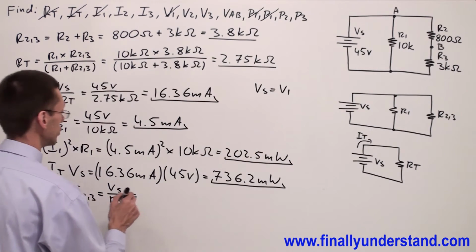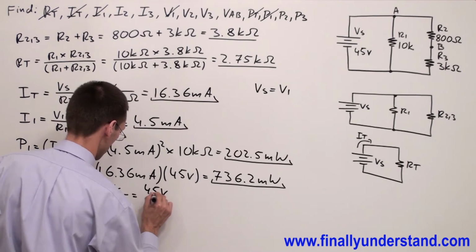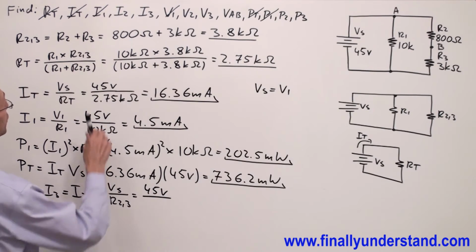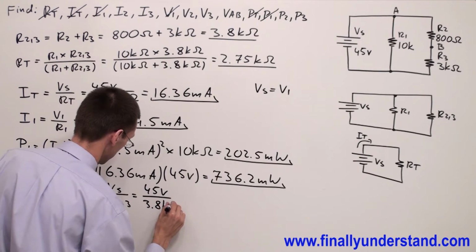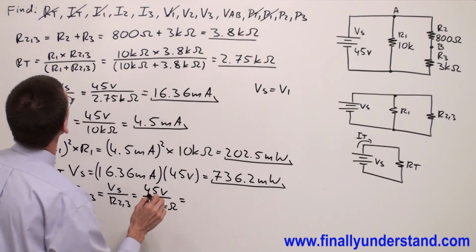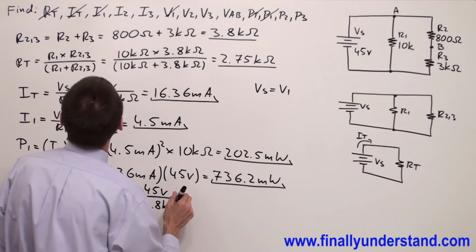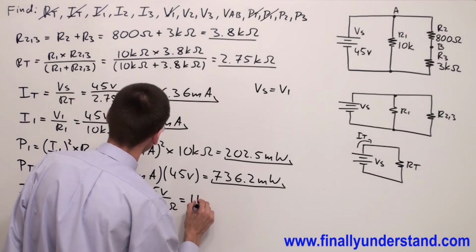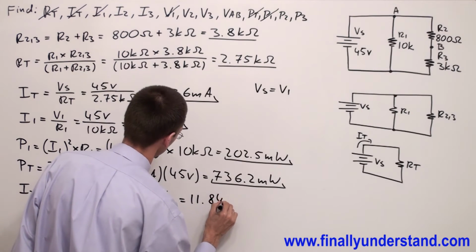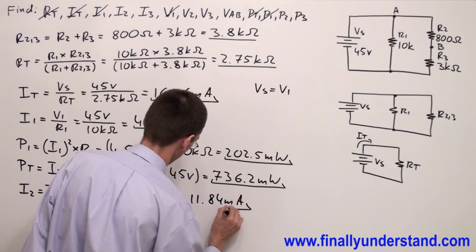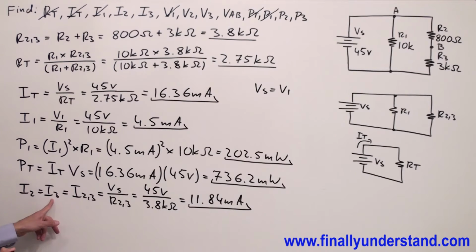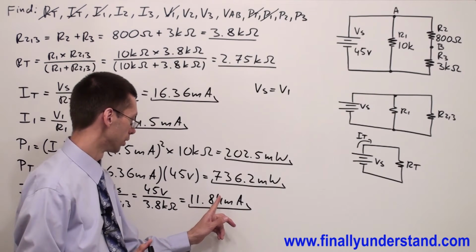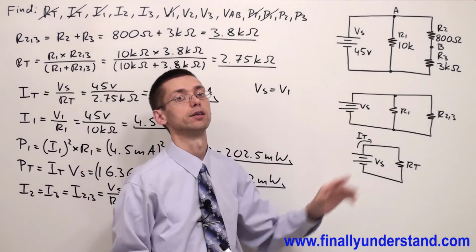So voltage source is equal to 45 volts over R23, which we found is equal to 3.8 kilo ohms. So I2 is equal to 11.84 milliamps. Okay, so I2 is equal to 11.84 milliamps and I3 is also equal to 11.84 milliamps because these two resistors are in series.